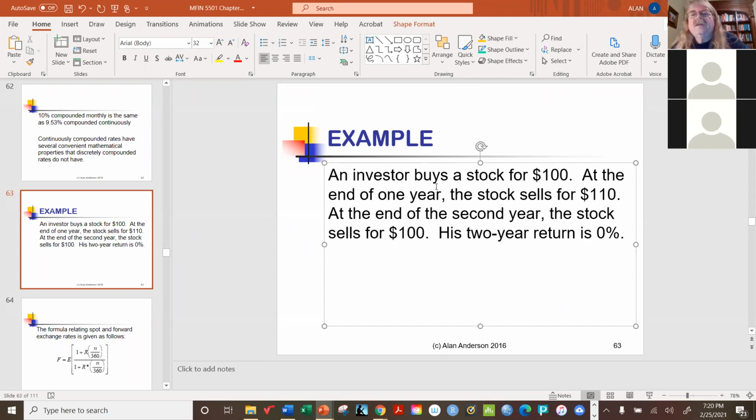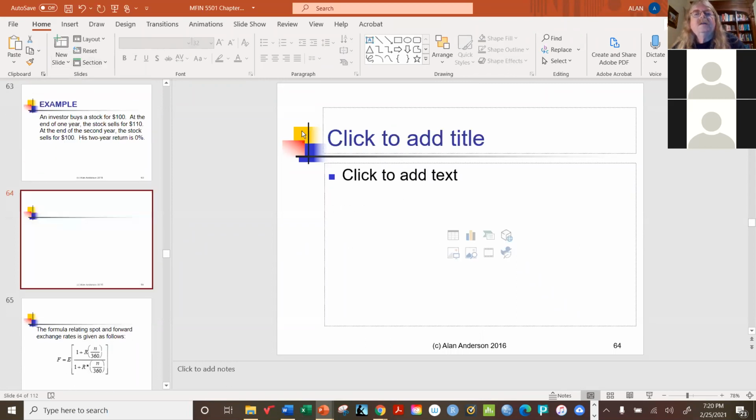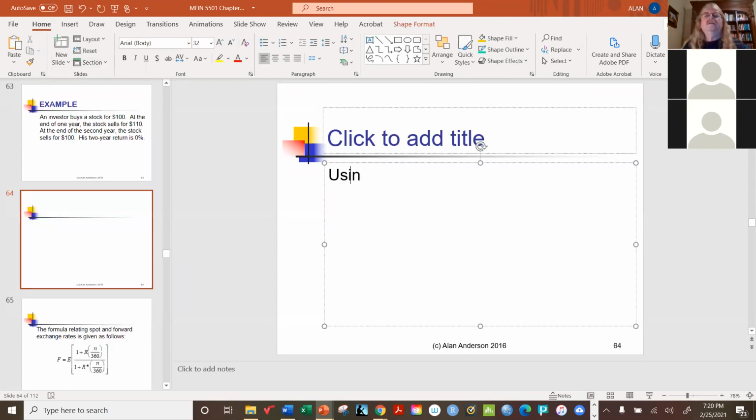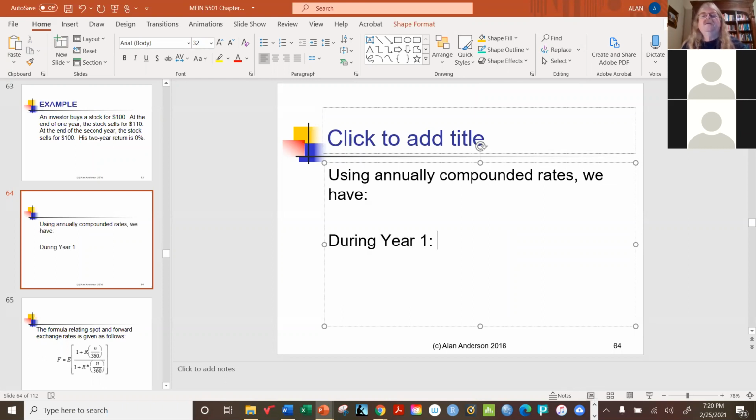But what if we tried to figure this out using these two conventions? All right, watch this. Using annually compounded rates, during year 1, the return is 110 minus 100 over 100, which is 10%.